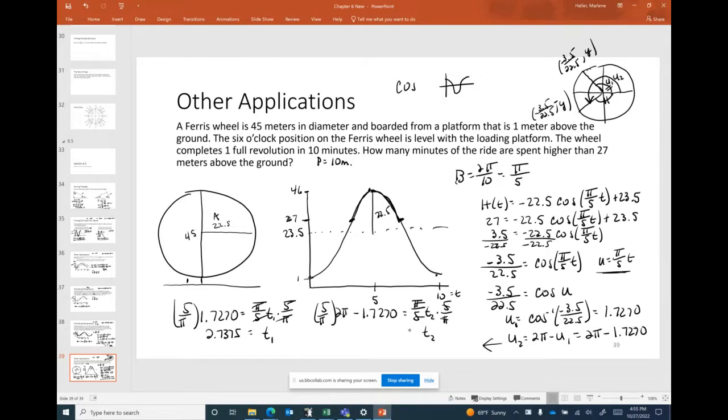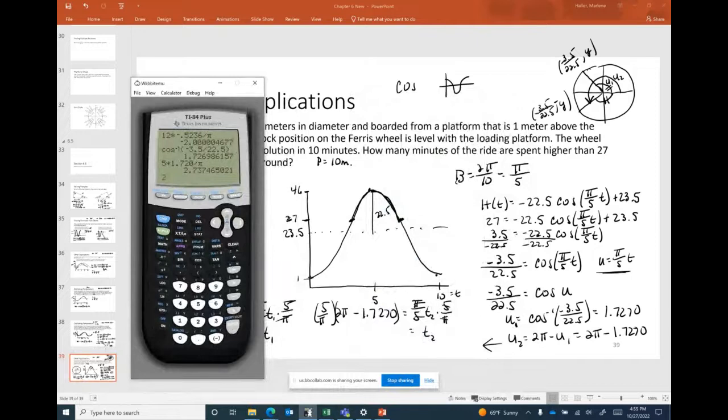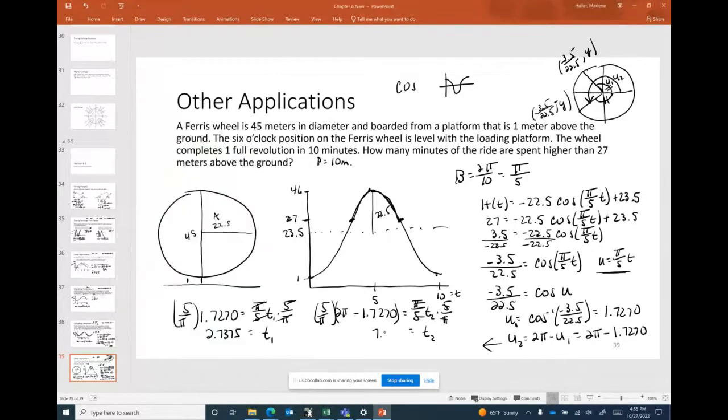And our second t, our t2 then, is going to be 2 pi minus 1.7270, then times 5 divided by pi. And there we have it, 7.2514. Okay, so at 7.2514 minutes after the ride starts, we hit 27 feet again.